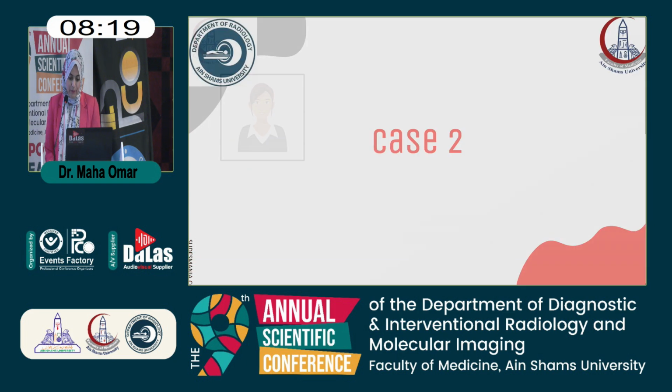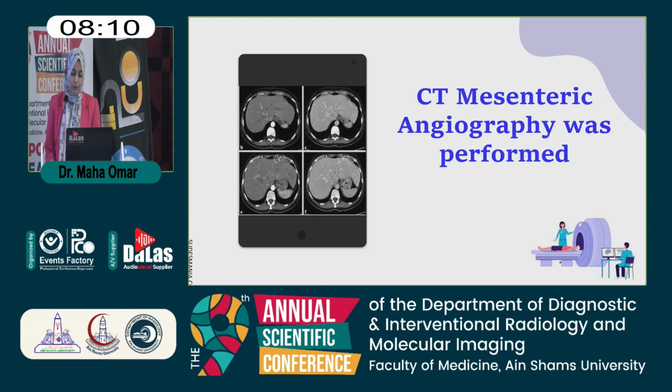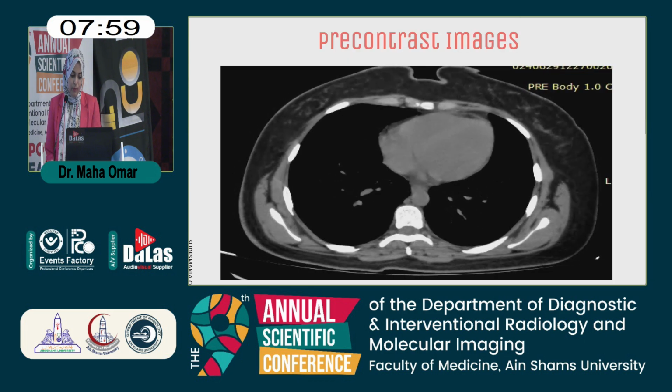Case number 2. She's a 22-year-old female patient presenting with recurrent attacks of hematemesis and melena. CT mesenteric angiography was performed to assess for melena, and this is the pre-contrast phase.